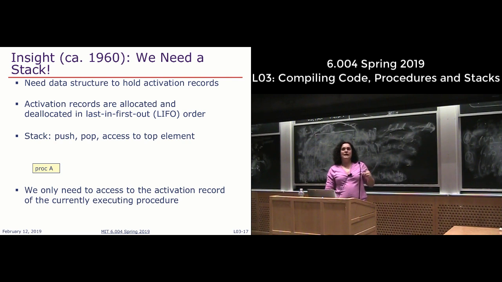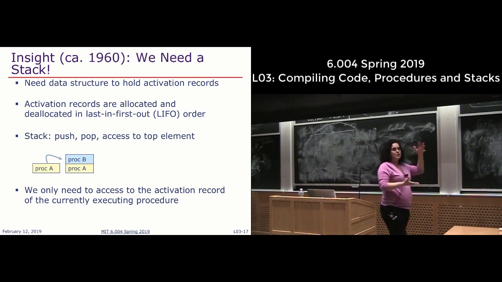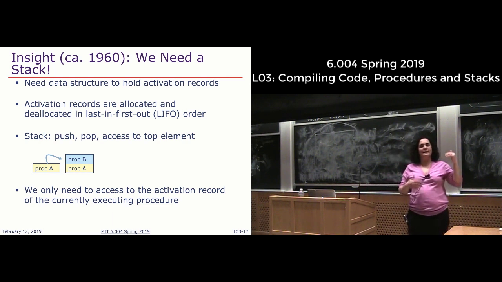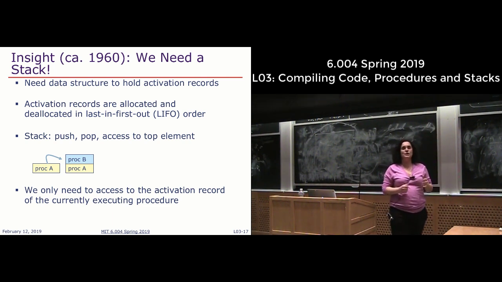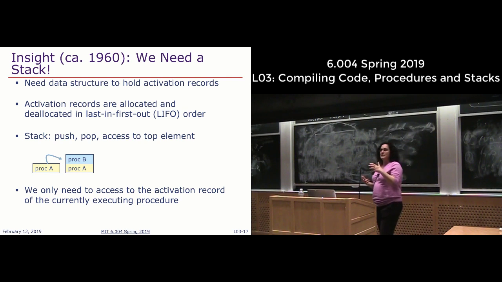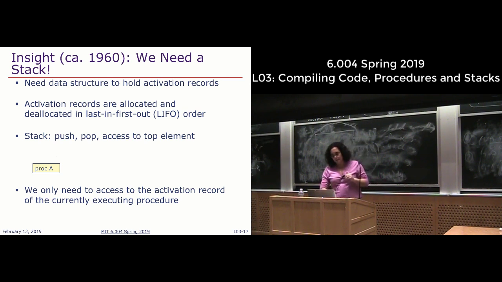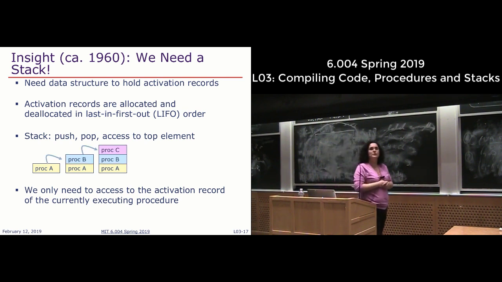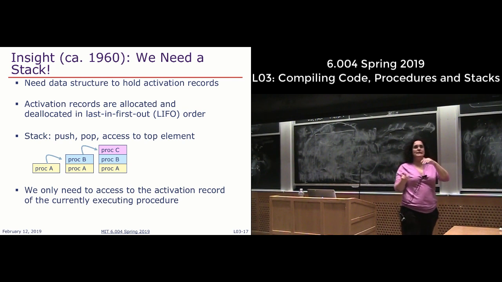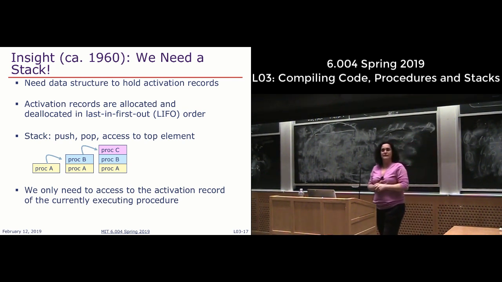So now when procedure A calls procedure B, I'm going to have another chunk of memory that I put onto my stack on top of that. Okay, and so that location in memory doesn't interfere with the chunk that's associated with the original call to procedure A. And similarly, when procedure B calls procedure C, I'm going to create yet another activation record, and I'm going to push that onto my stack.